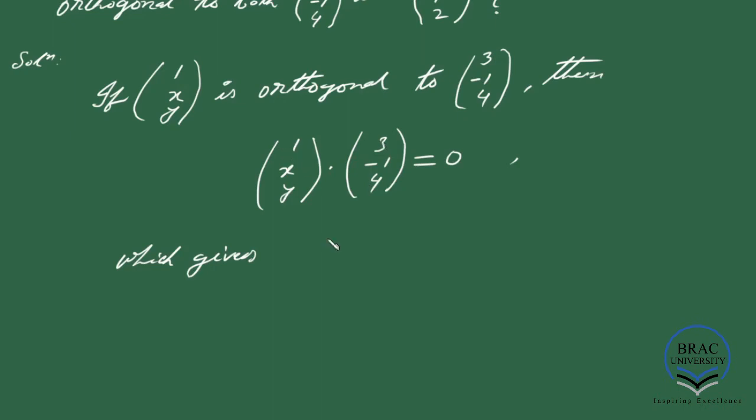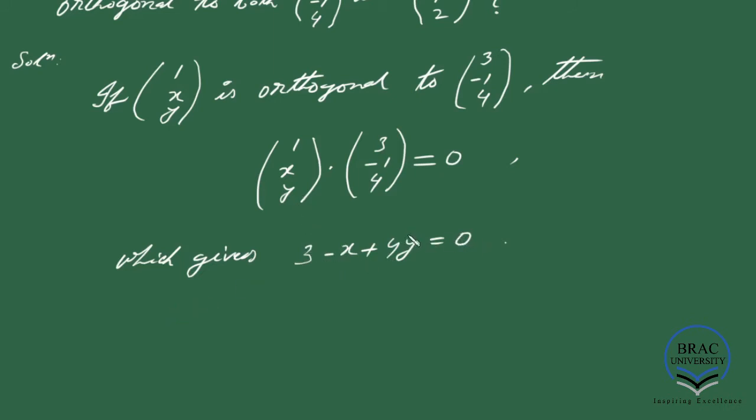So you multiply 3 with 1, that gives you 3, and then you multiply -1 with x, that gives you -x, and then you multiply 4 with y, that's going to be 4y, and you add all of them up. So this is equal to 0. Okay, so we have found a really nice equation out of this dot product.